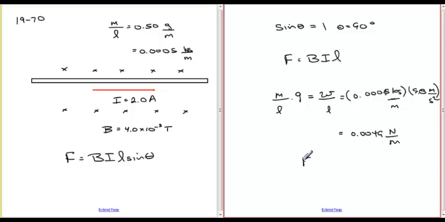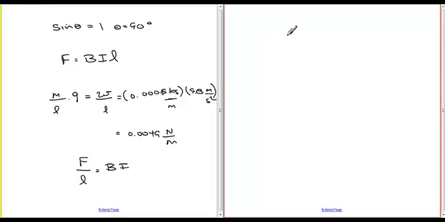So we can rewrite this force as a force per unit length by dividing both sides by the length, and you just get the magnetic field times the current. These are not equal to each other. We're going to have a kind of free body diagram, with the weight per unit length pushing down and the magnetic force per unit length pushing up.